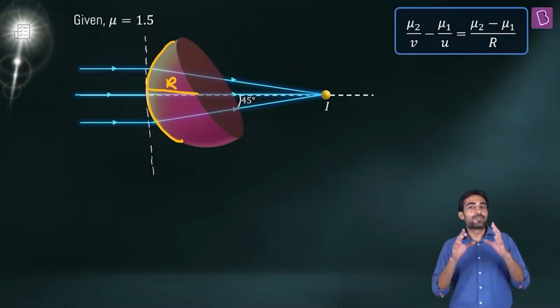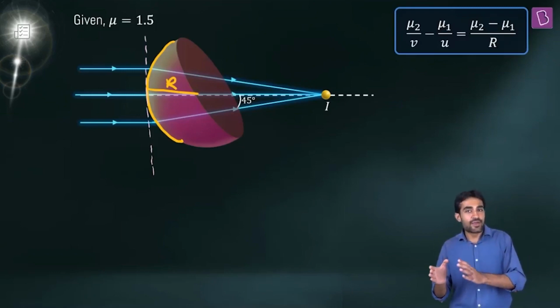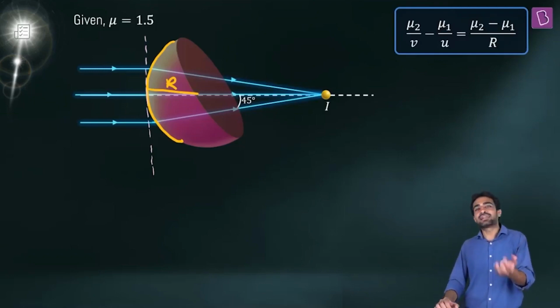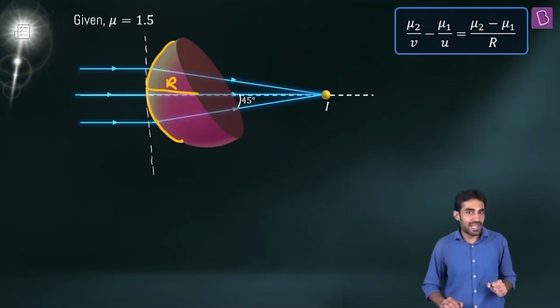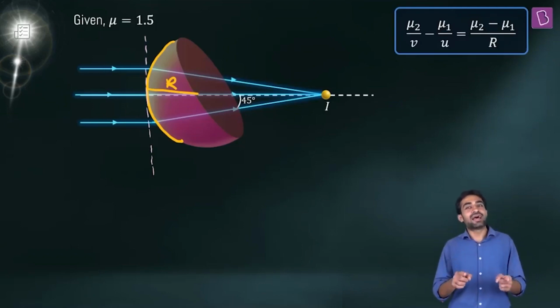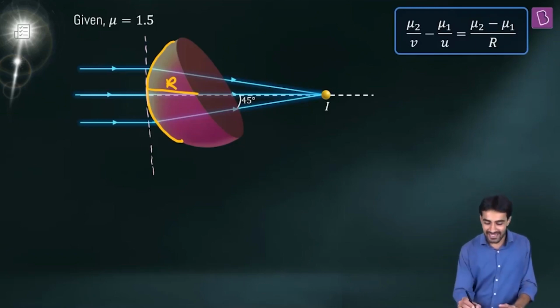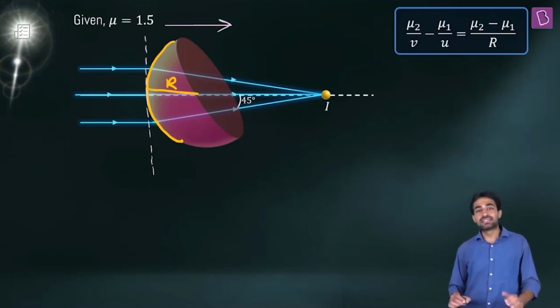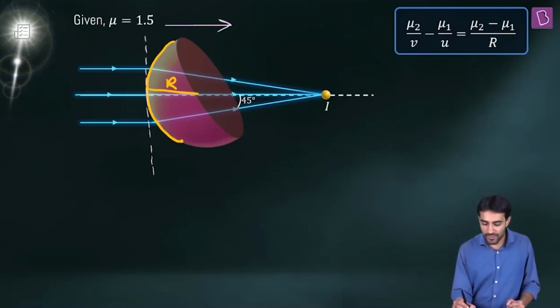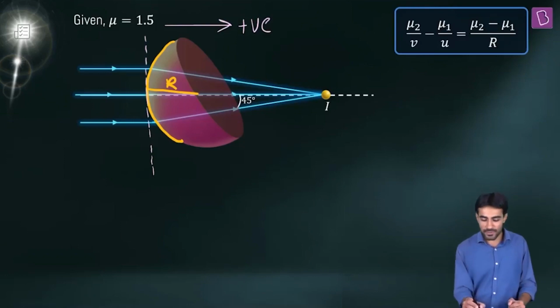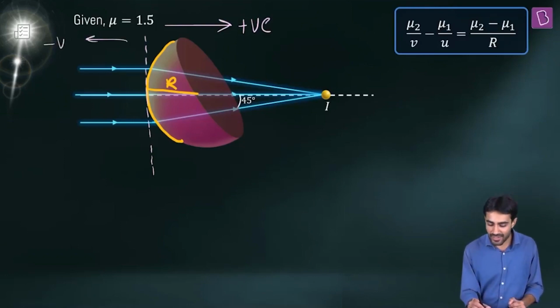Which side represents the positive side, and which the negative side? You will say, well, that is simple. According to the sign convention, the direction indicated by the incident light rays is taken to be positive. Exactly. In this direction incident light rays were traveling, so we will take this direction as the positive direction, and the opposite direction will be the negative direction.